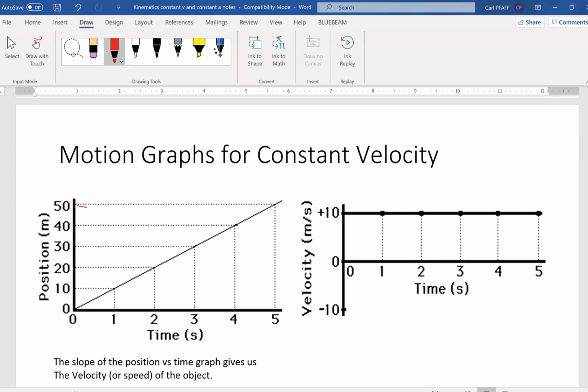If my slope were this way, then my velocity would be -10, because the slope is 0 minus 50 over 5, where I started at 50 and finished at 0, and the time it took was 5 seconds.